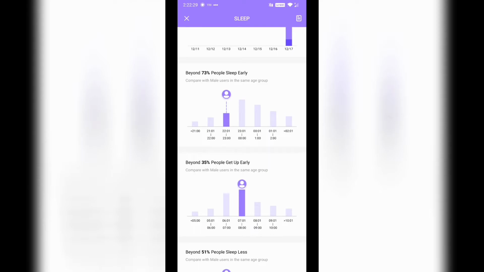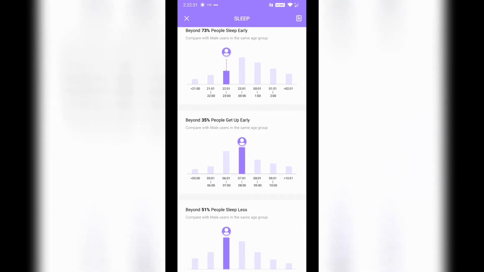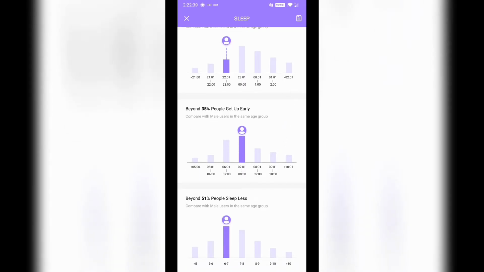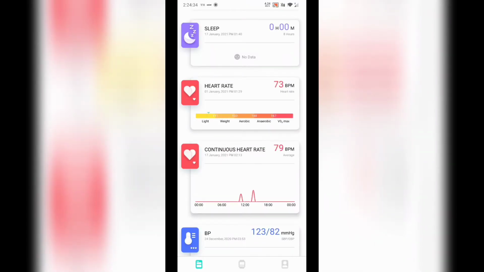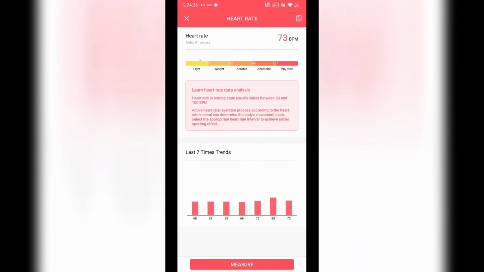It is also showing the information below: 35% of the people get up early, before me, they're waking up early. And the last one, 51% of the people sleep less. That means compared to me, 58% of the people sleep less.